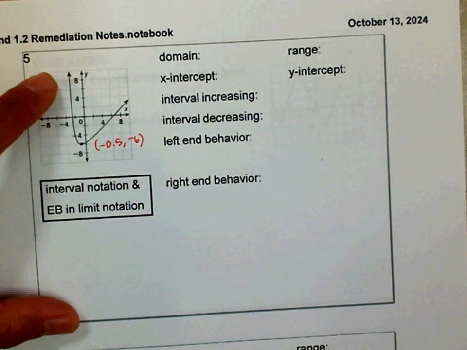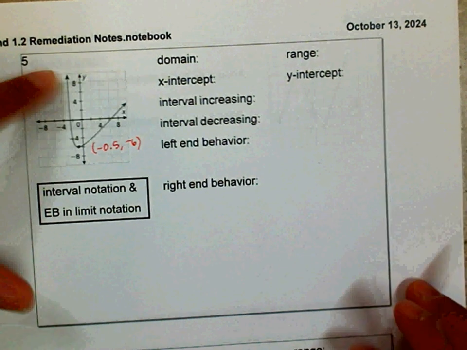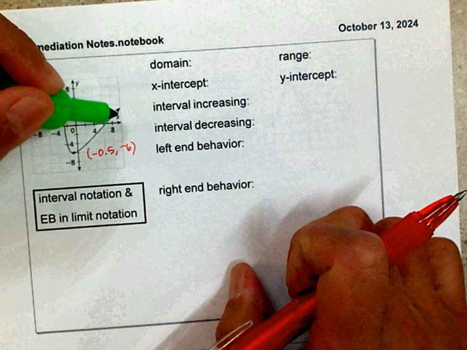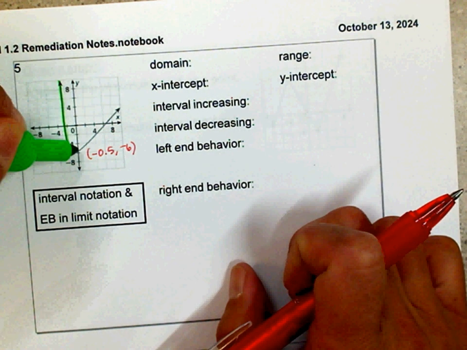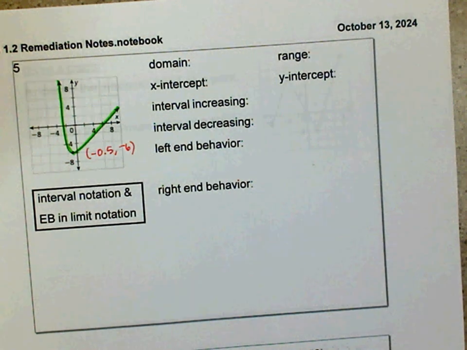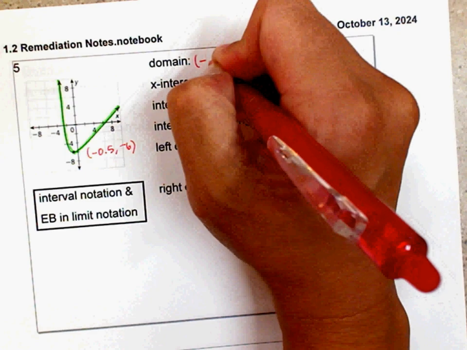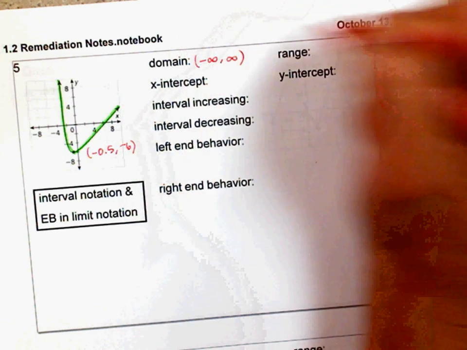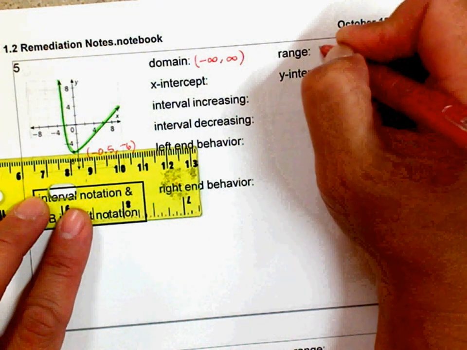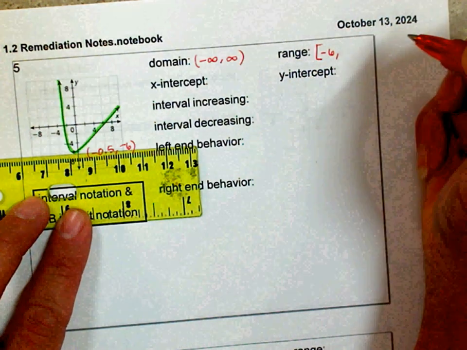Far left to far right. So you see my graph. Okay, you see that? Here we go. So my domain is negative infinity to positive infinity. My range starts at negative 6, including negative 6, so it'll be a bracket going all the way to positive infinity. See that?